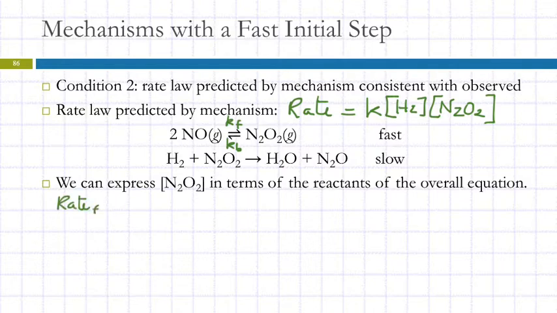The forward rate is going to equal a constant times the reactant for the forward reaction. So the concentration of NO, there's a coefficient of 2 on it, so this is going to be squared. That rate constant I'm calling Kf. Your book calls them like +1 and -1.